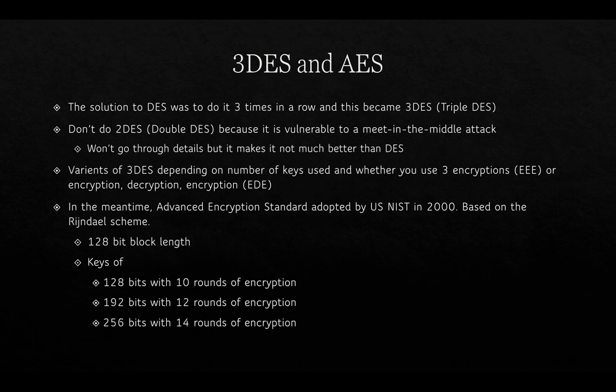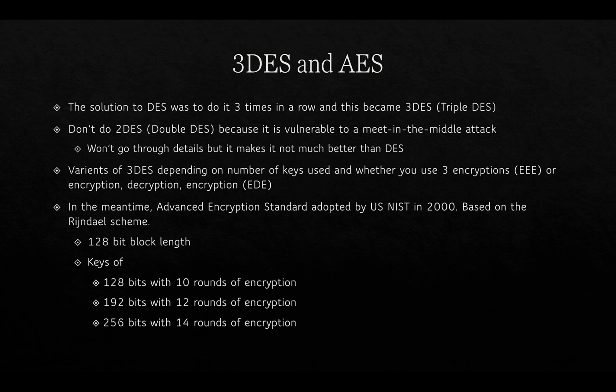So the solution to that was to do DES 3 times in a row, and that became known as triple DES. You don't do double DES because there's a vulnerability with that approach called a meet-in-the-middle attack, and essentially that makes it no better than DES at all. It doesn't improve the situation.